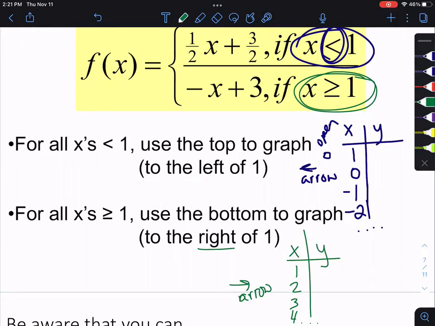And then when I put my circle at 1, this time since 1 is included, I'm going to have a closed circle. And both of these things, again, is because of that greater than or equal to symbol.